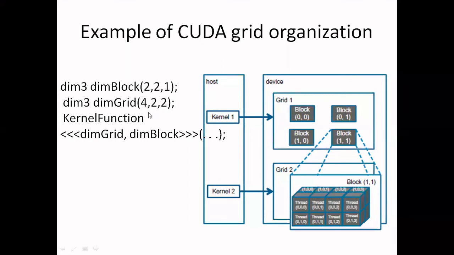So you have to understand that 4, 2, 2 is the dimension of the block and the dimension of the grid is 2, 2, where you can see 0, 0, 0, 1. In this way you can access each block. So if you are specifying 1, 0, what does it mean?